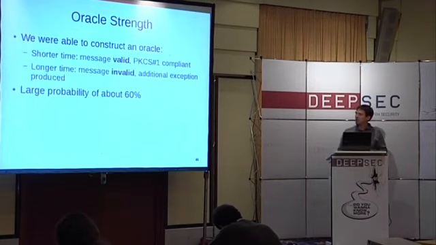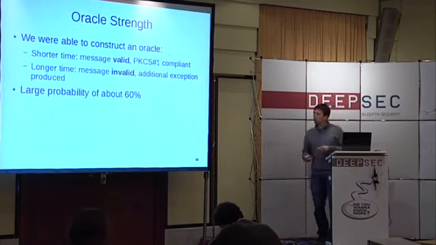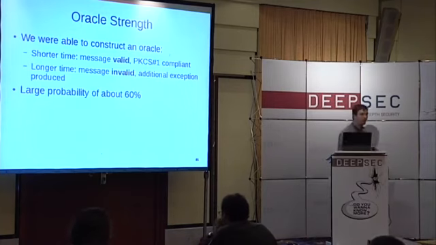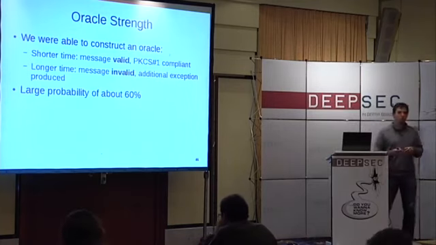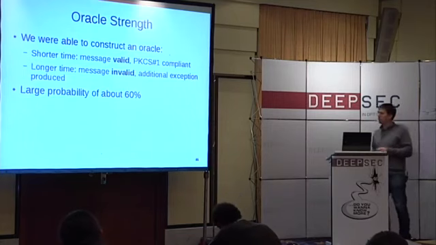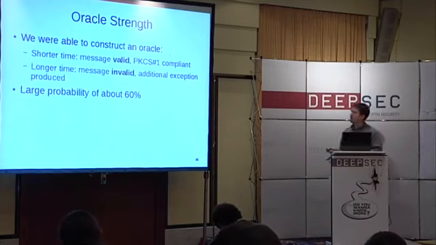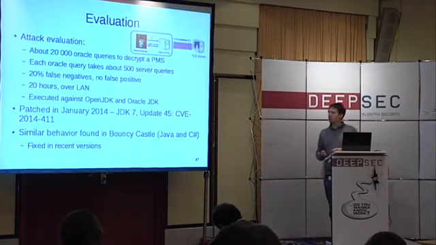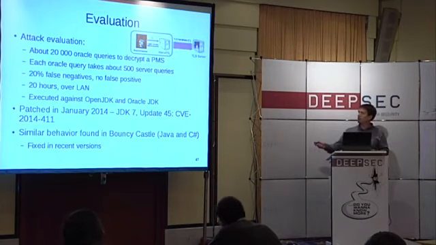So we were able to measure it over LAN and to create an oracle from this side channel, which had a pretty good probability of 60%. And we were able to construct a real attack in a LAN. So again, we evaluated the whole Bleichenbacher attack. We created our scenario with the Bleichenbacher tool, the MatrixSSL library, and our server.